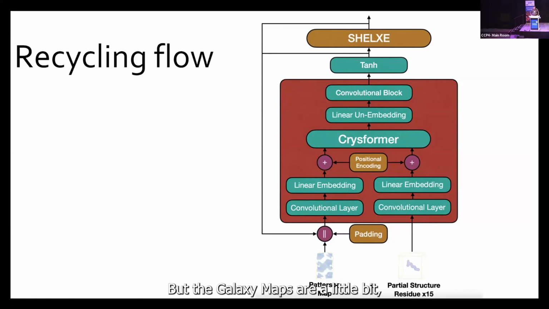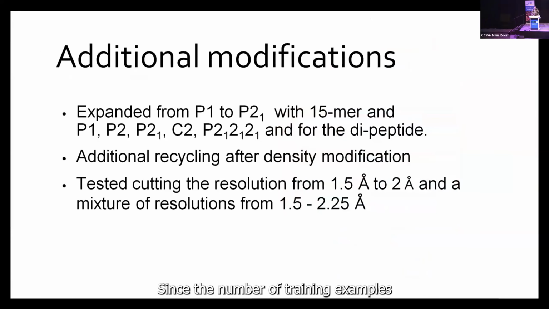But the ShellXE maps are a little bit too much like the ground truth, and we found that it was beneficial to add some noise at that level and add some probability as to which map we pass through. That essentially gives us a data augmentation, since the number of training examples is not very large for the size of the problem.